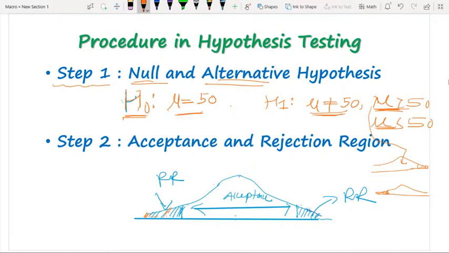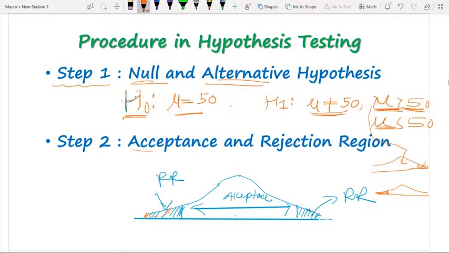But in a one-tailed hypothesis test, we reject the null hypothesis if the calculated statistic is quite high in a right-tailed hypothesis or quite low in a left-tailed hypothesis.